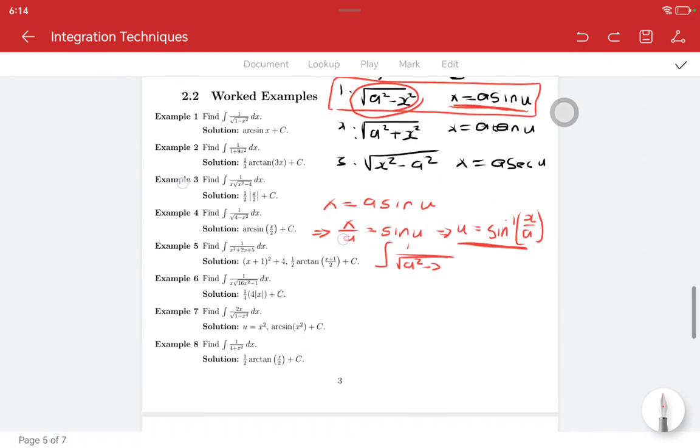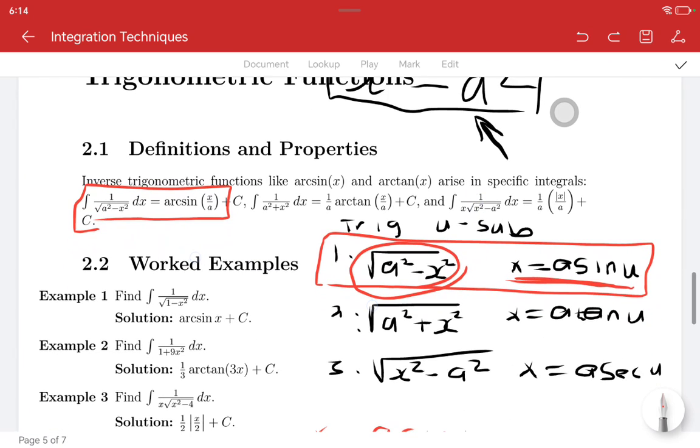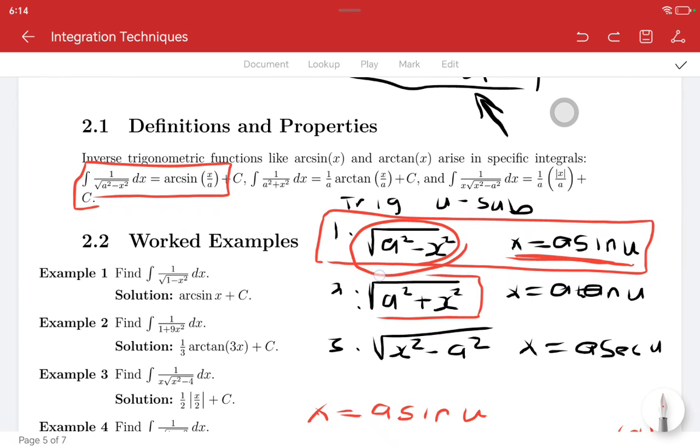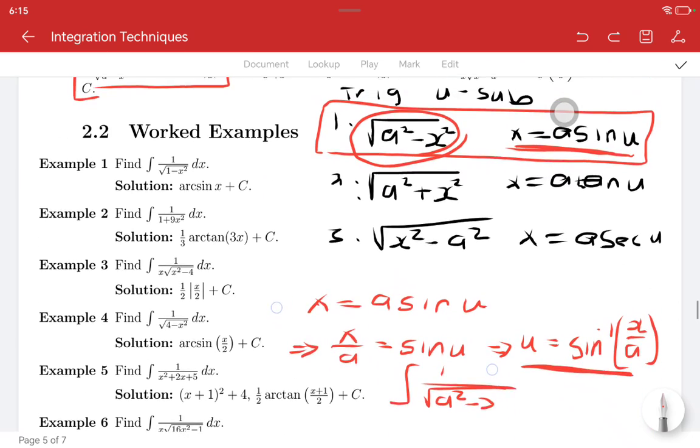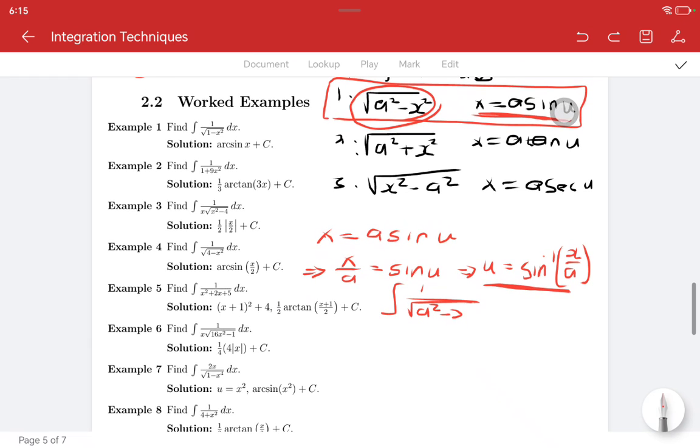Now, if we look at the one for the arctan, remember, it comes from here, right? So we can also derive this one. When we derive the one for the arctan, there will be a bit of a difference here, but I'm going to explain this also. We have x equals a tan u, and then x over a is also tan u.